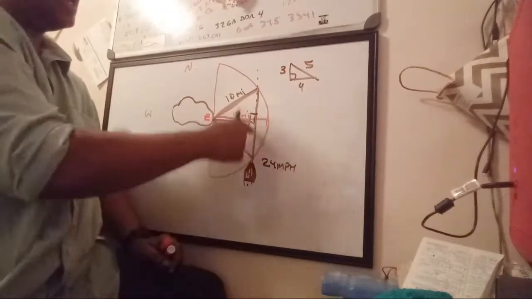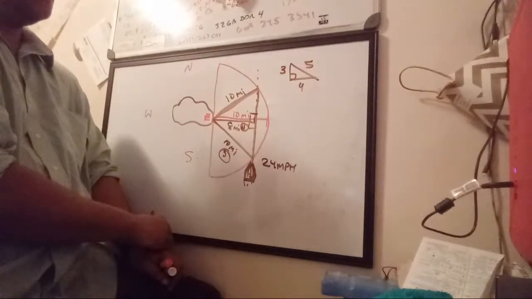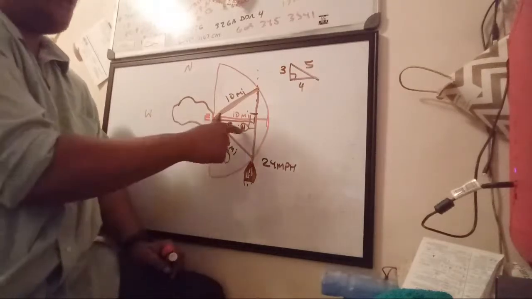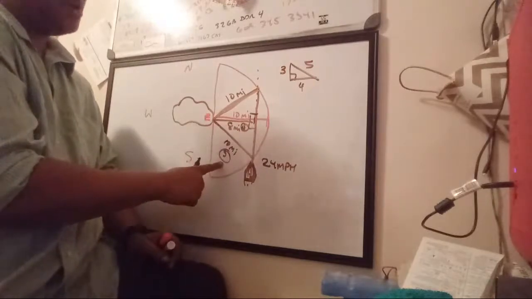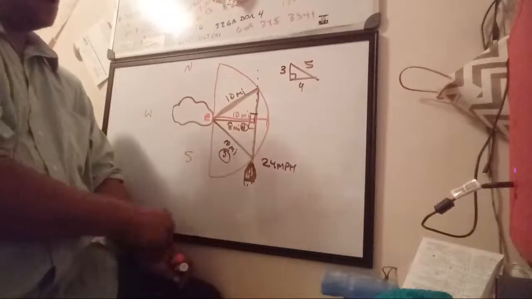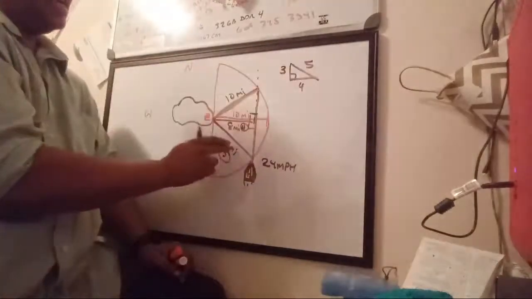So how long is this, dear? This is the 4 side, this is the 5 side. What part is missing? The 3 side. So 4 times 2 is 8, 5 times 2 is 10.